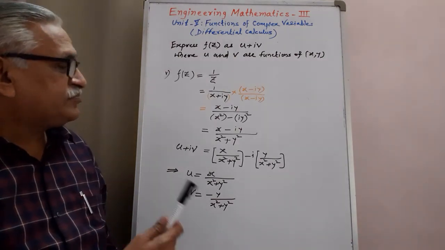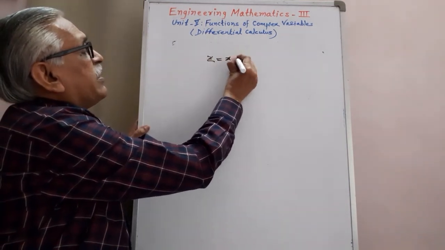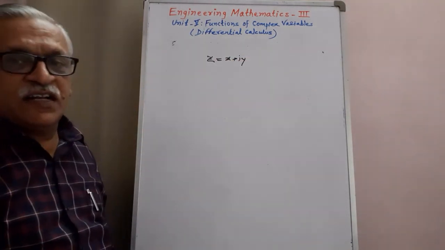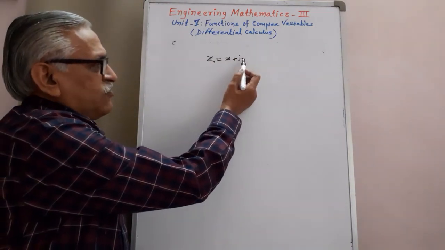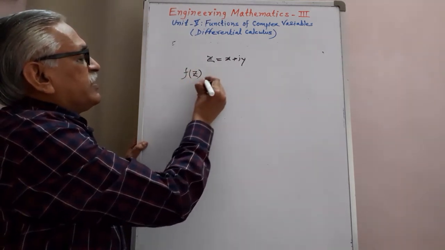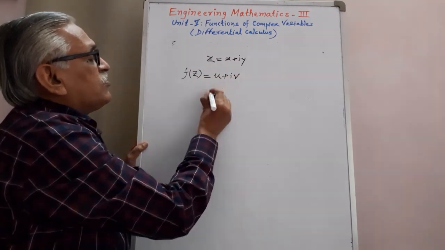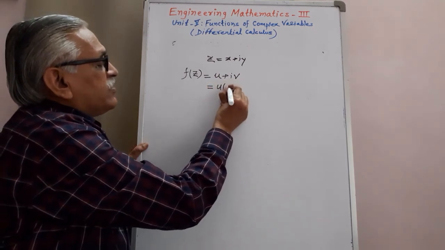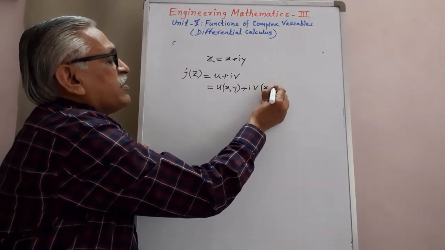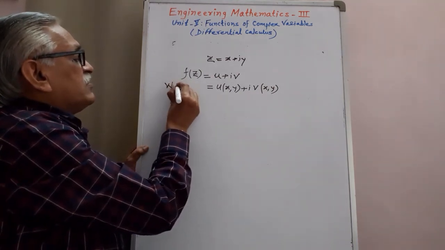Therefore, once again I will repeat. If z is a given complex number x plus iy, where x and y both are real numbers, x is called the real part, y is called the imaginary part, then we can define its function f of z as u plus iv, where u is a function of x and y, and v is also a function of x and y, and this we call w.